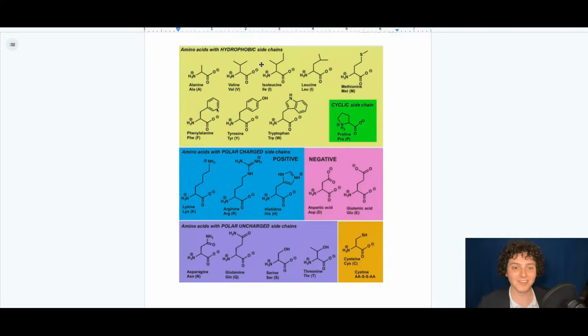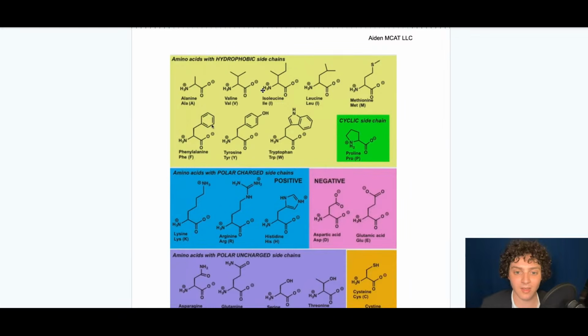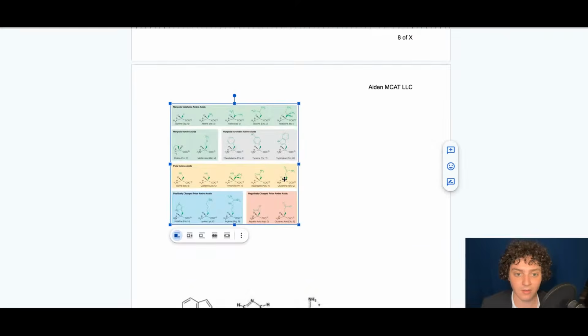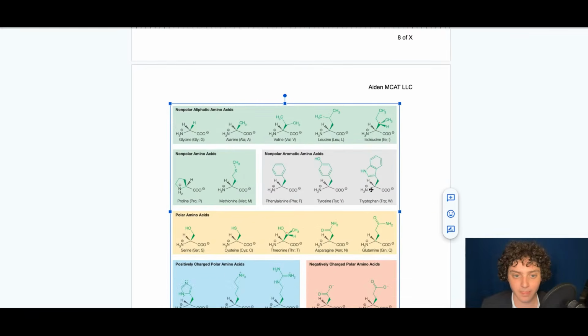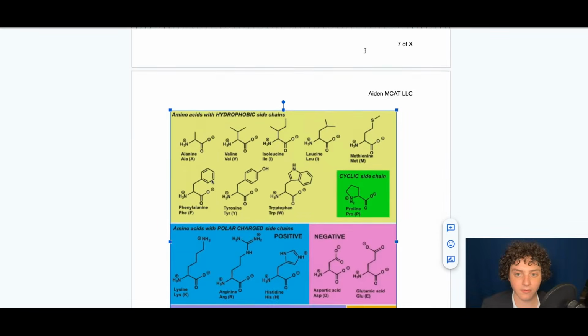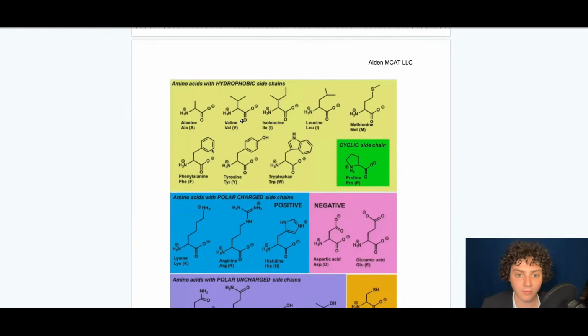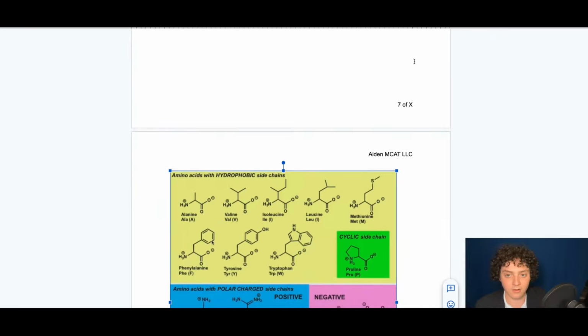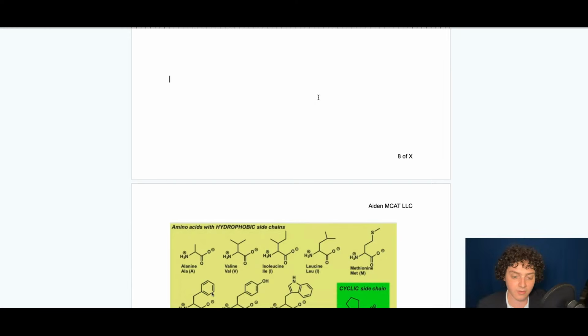So the first category that MIT puts these amino acids in, I think this is a better one for now. So let's go with this first category of R groups, amino acids with hydrophobic side chains. So the side chain and the R group refer to the same part of the molecule, which is that fourth thing that the alpha carbon is bound to.